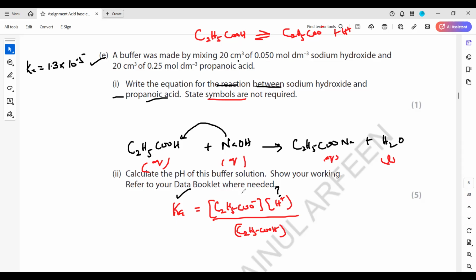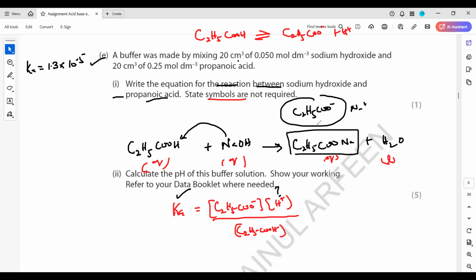The concentration of the propanoate ion will be the same as the concentration of the alkali, because the alkali is the limiting reagent. Like how much sodium hydroxide is there, the same number of moles of sodium propanoate will be produced. Using that, we can work out the concentration of the salt, the propanoate ion, because this will dissociate into C2H5COO negative and Na positive.